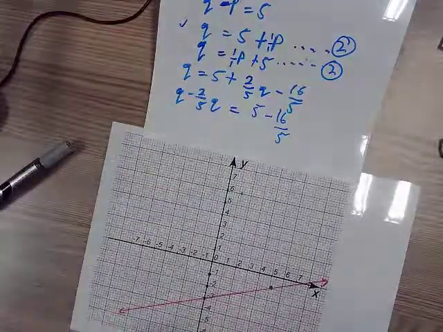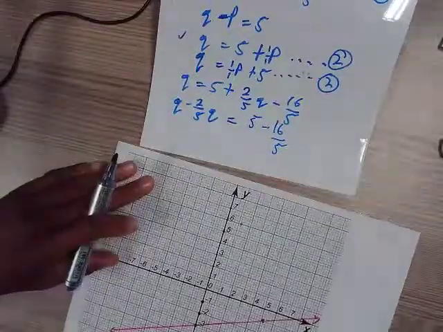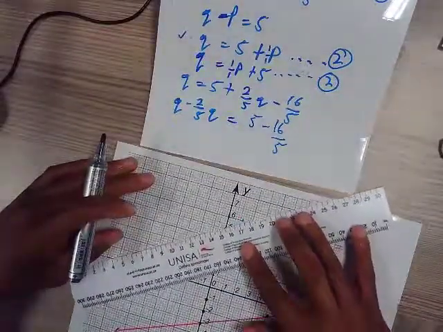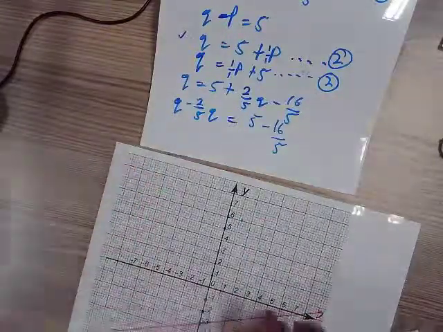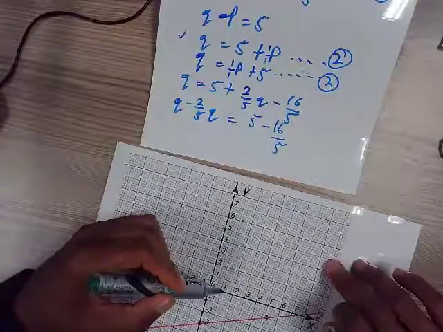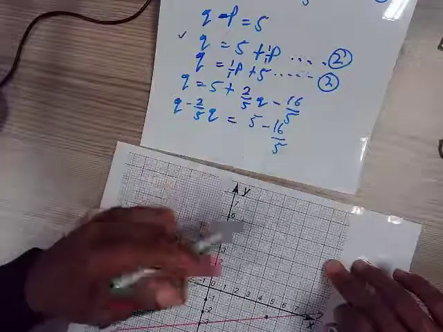So now you're going to join these 2 points like that. So let me just make sure that I've put it in a precise position. That's 5 and 1.